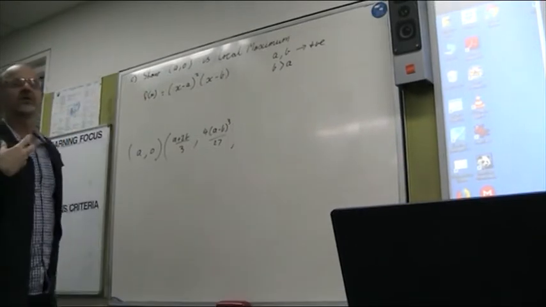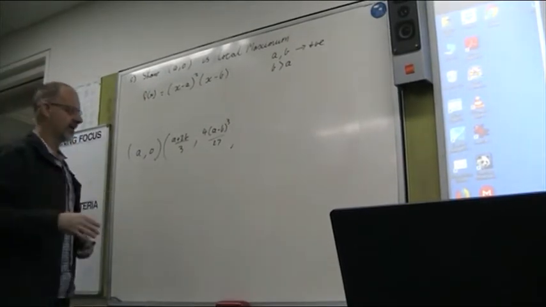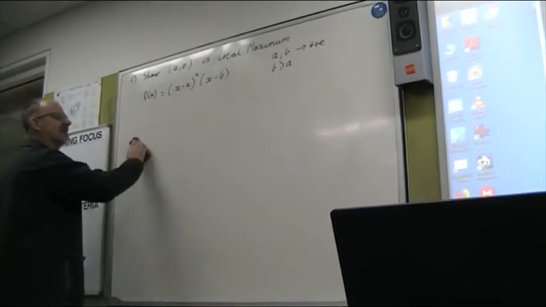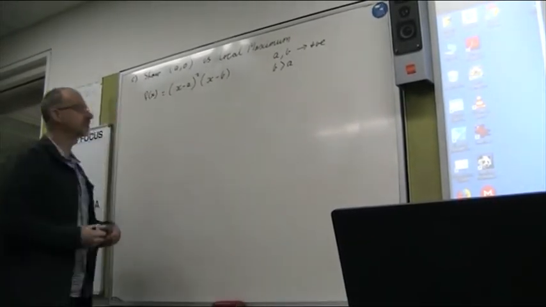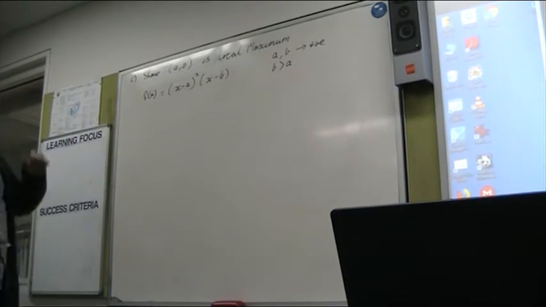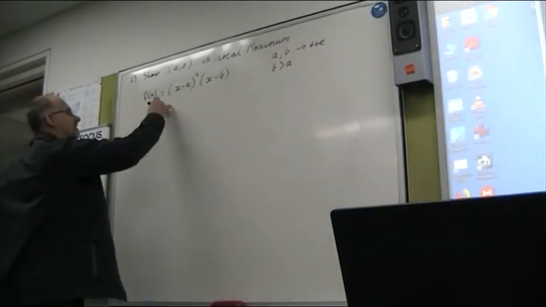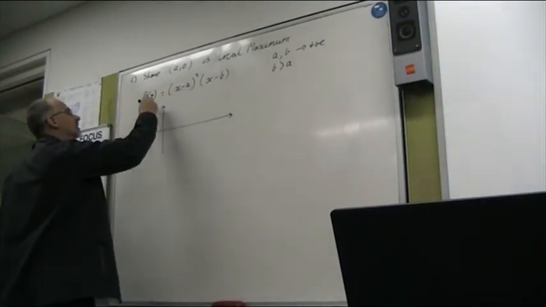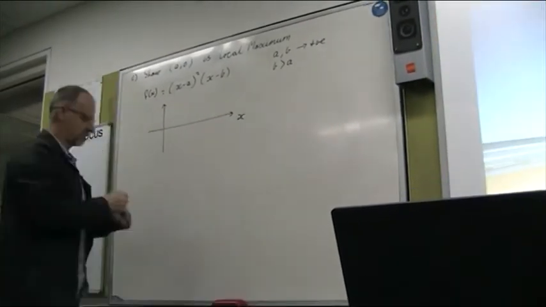So the way we're going to show this is, you've got a whole bunch of things that you could do. With this, what I'm going to do is a sketch to show it. So if that's X, what do we know?